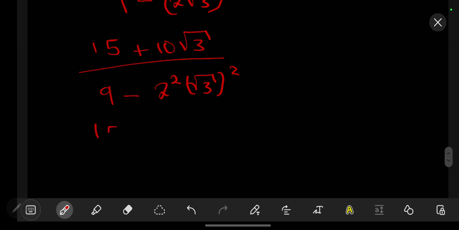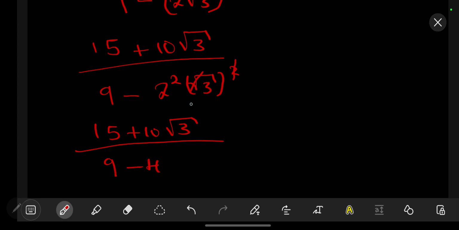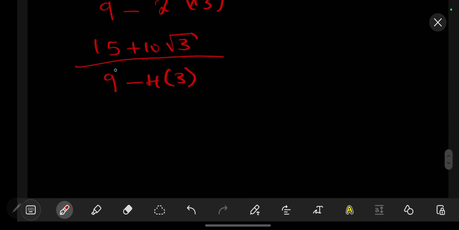Then we have our 15 plus 10 square root of 3 over our 9 minus 4. Then this one and this one goes, so we have minus 4. Then in brackets we have a 3, like that.